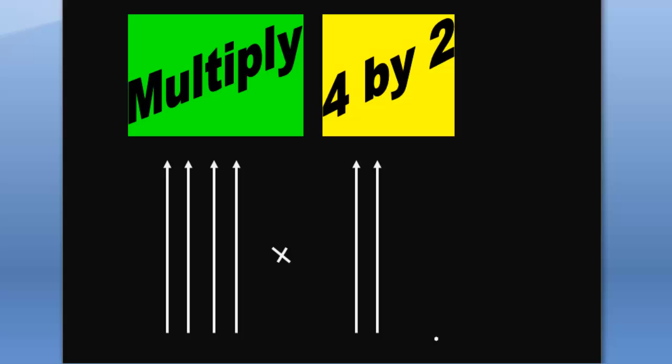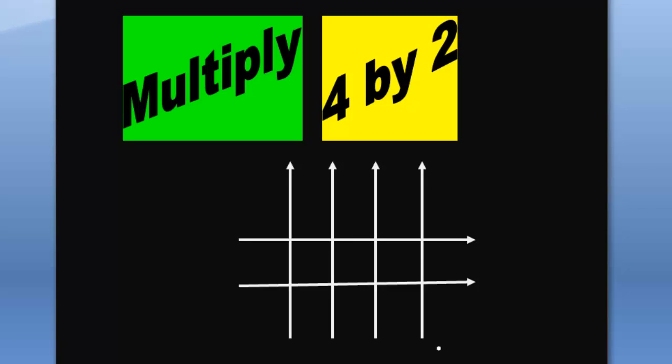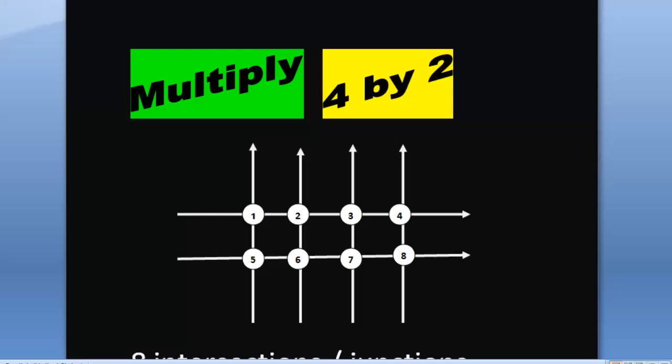Let me take another example. We have to multiply 4 by 2. So 4 vertical lines and 2 horizontal lines. The process of multiplication always gives us junctions or intersections. When 4 vertical lines and 2 horizontal lines meet, we have a lot of intersections or junctions.